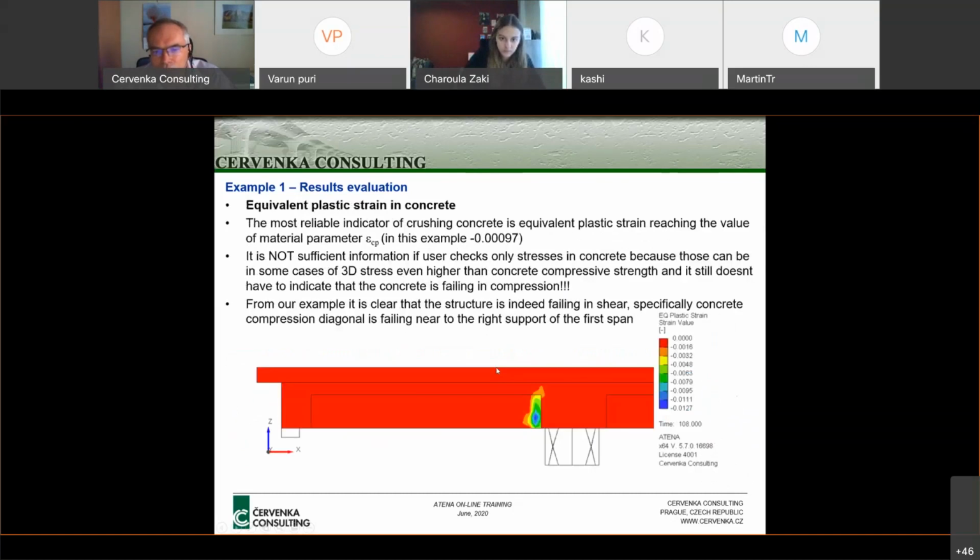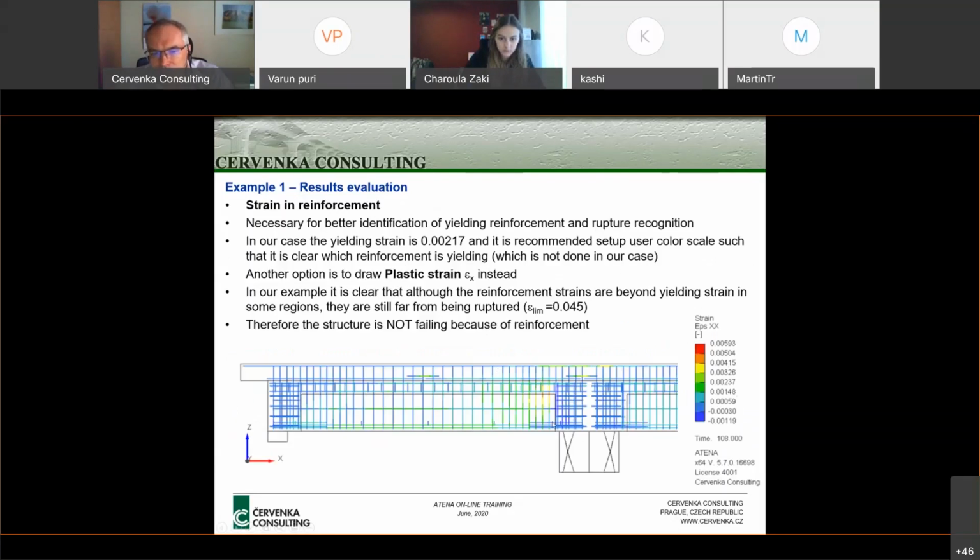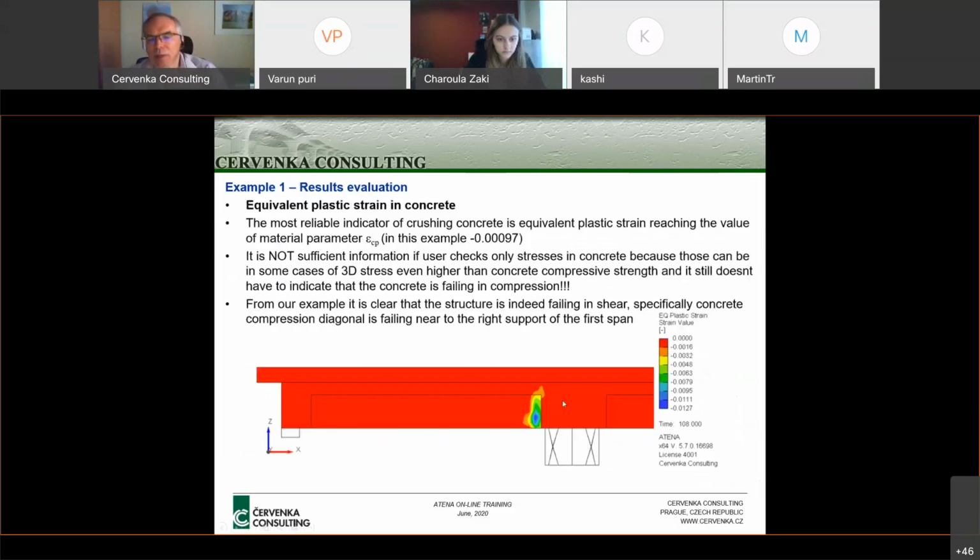So this shows that really we have a failure where the reinforcement is yielding. Now we should check also whether we have concrete crushing. For that, in ATENA, the best parameter to evaluate this situation is the equivalent plastic strain. And this equivalent plastic strain can then be compared with the epsilon CP.